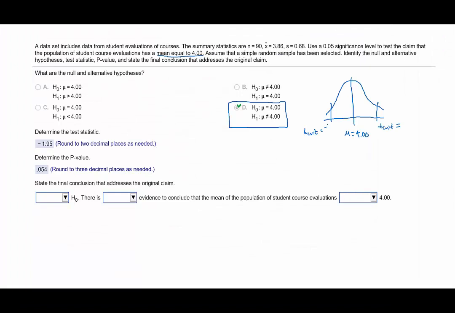Our critical values were minus 1.99 and positive 1.99.